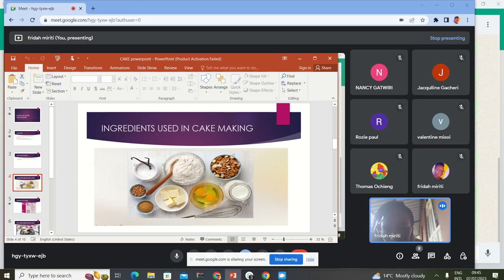I want all of you to take a clear picture of this image and tell me what you can observe. Flour, yes, flour. Another, eggs, yes, eggs. Jacqueline, what can you see?